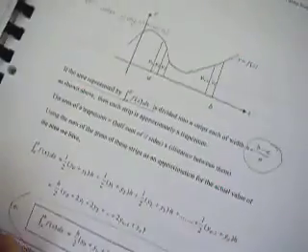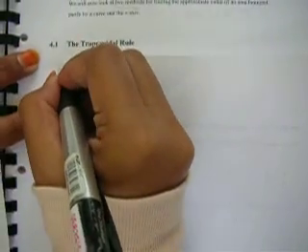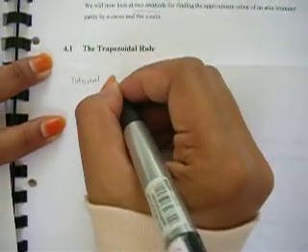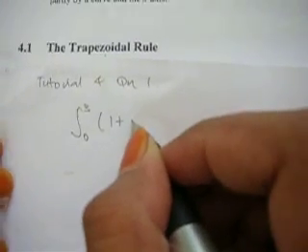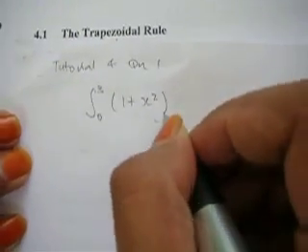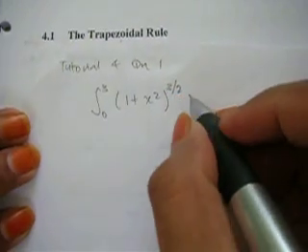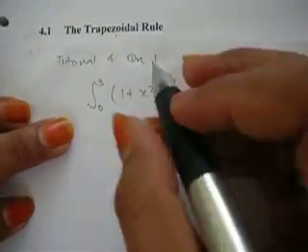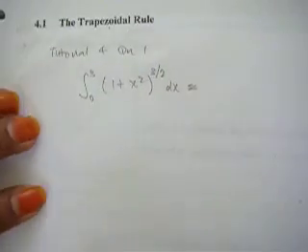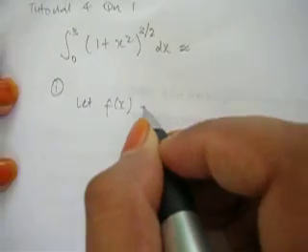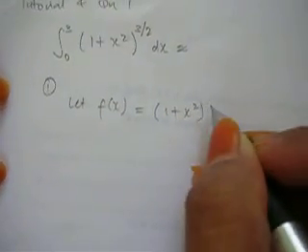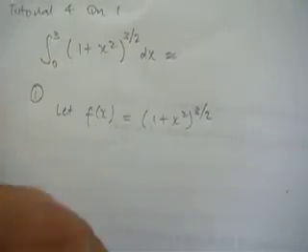I'll explain more about how we apply the trapezoidal rule by using the question in tutorial 4, question 1. The question is to integrate (1 plus x squared) to the power of 3 over 2 dx from 0 to 3. Firstly, let f(x) be (1 plus x squared) to the power of 3 over 2.